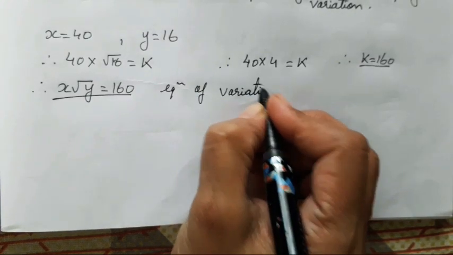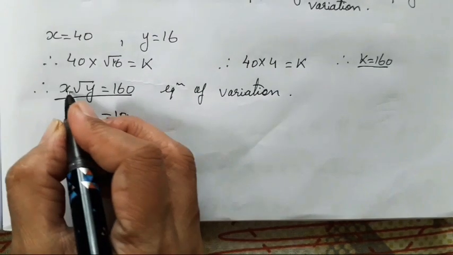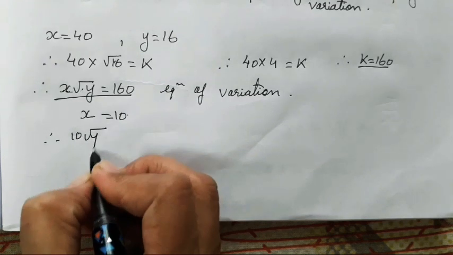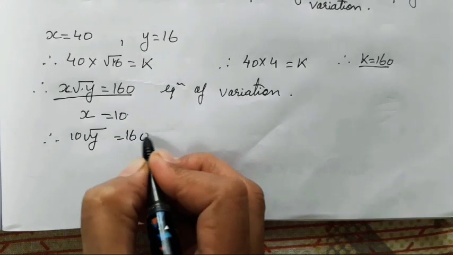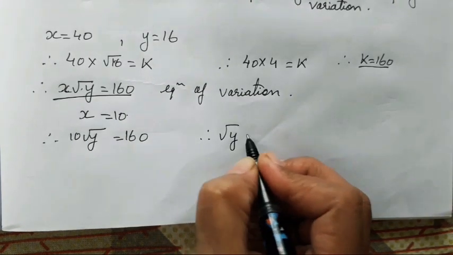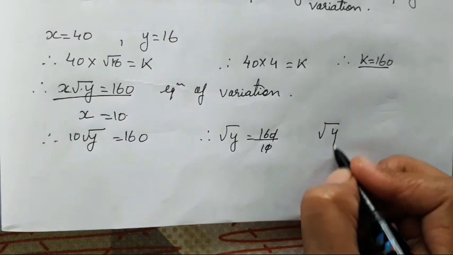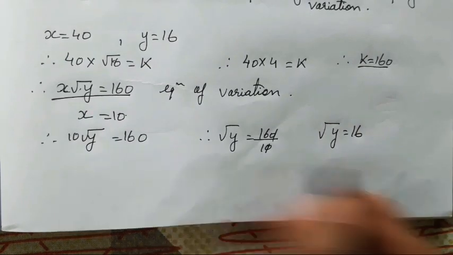Okay, now this equation only we have to use by substituting x is equal to 10. Here we have to substitute. So 10 root y, as it is, 160. So therefore root of y is equal to 160 upon 10. So root y is equal to 16. Now we have to take the root.